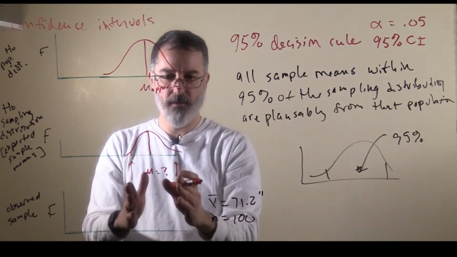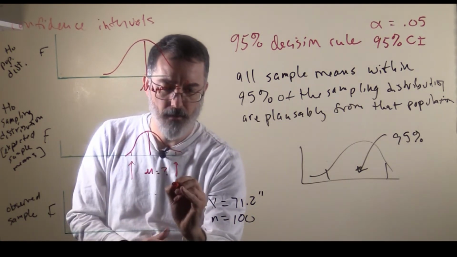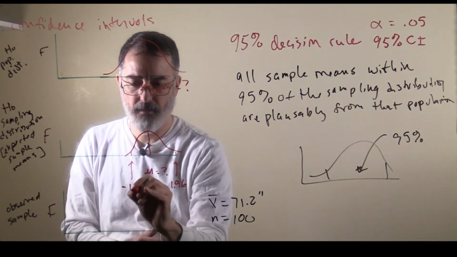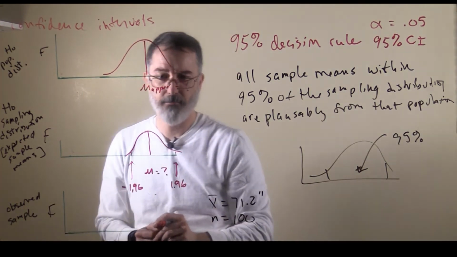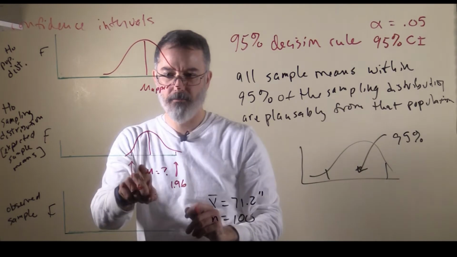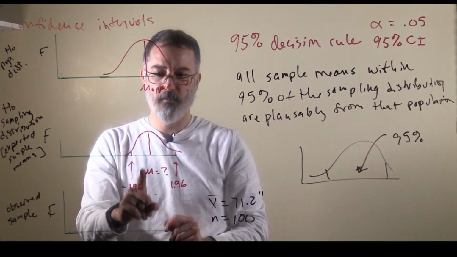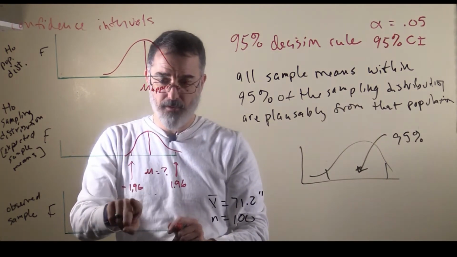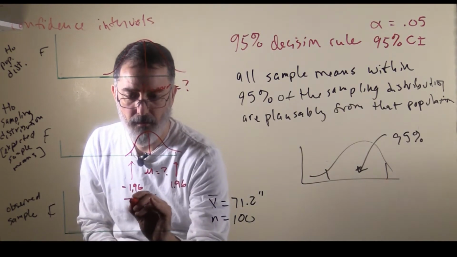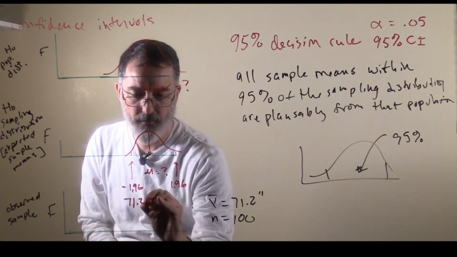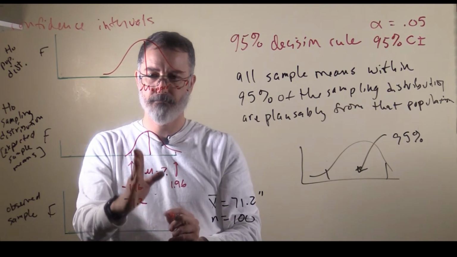So we need to figure out what these cutoffs are, and they'd be 1.96 and negative 1.96 because this is a normal distribution. And what we want to do is put our sample mean, 71.2, right at the bottom.